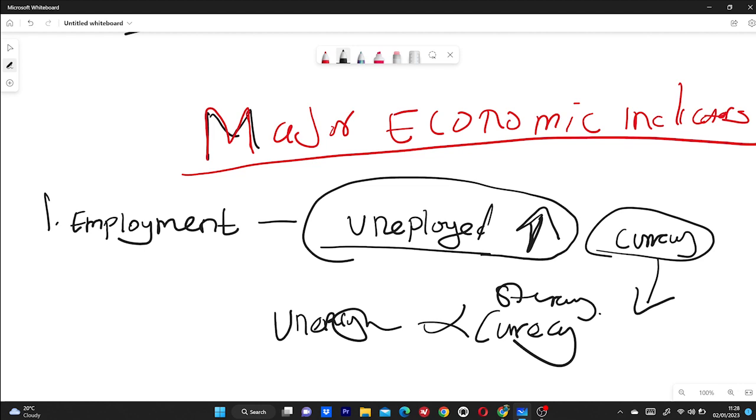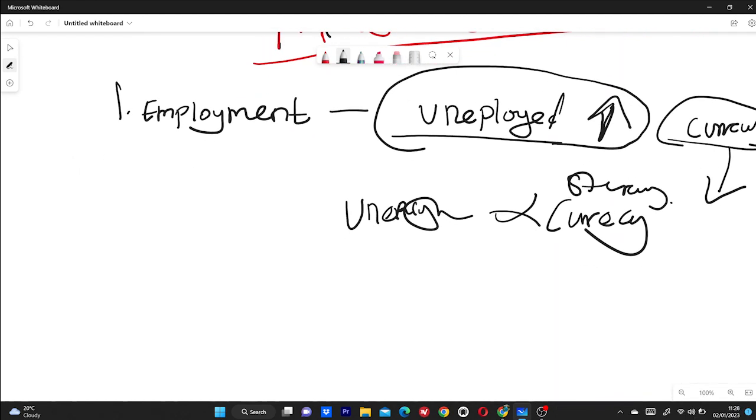When there's high unemployment, the currency goes down. When there is high employment, you expect things to go well for the currency. So this is unemployment, not employment.